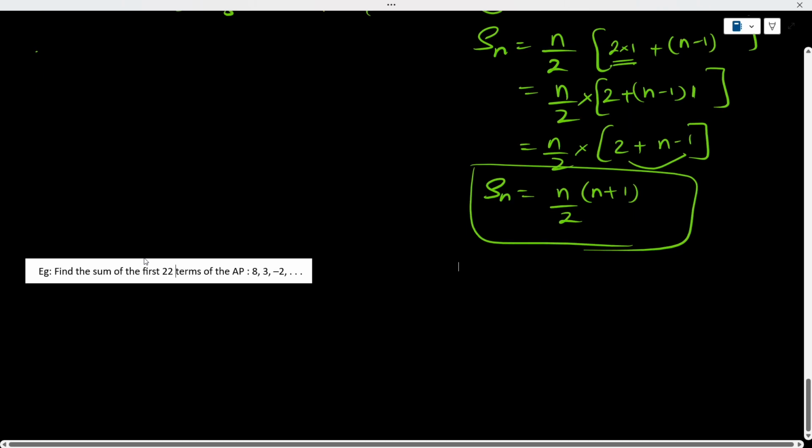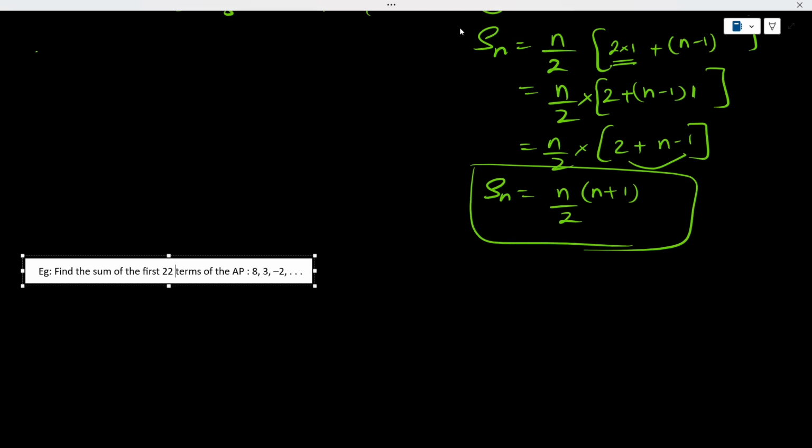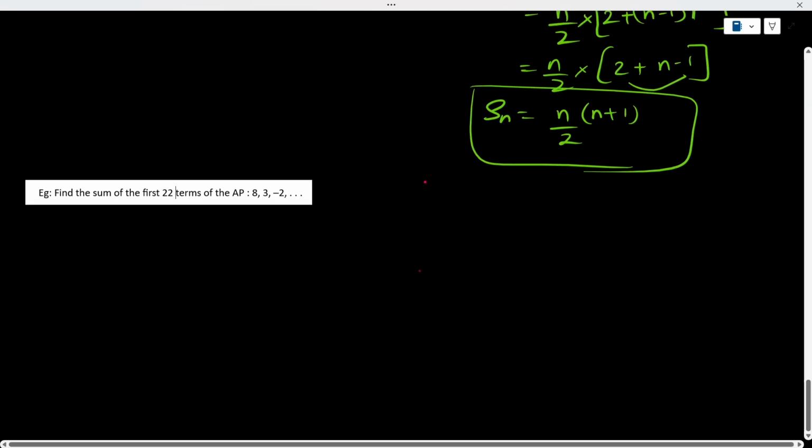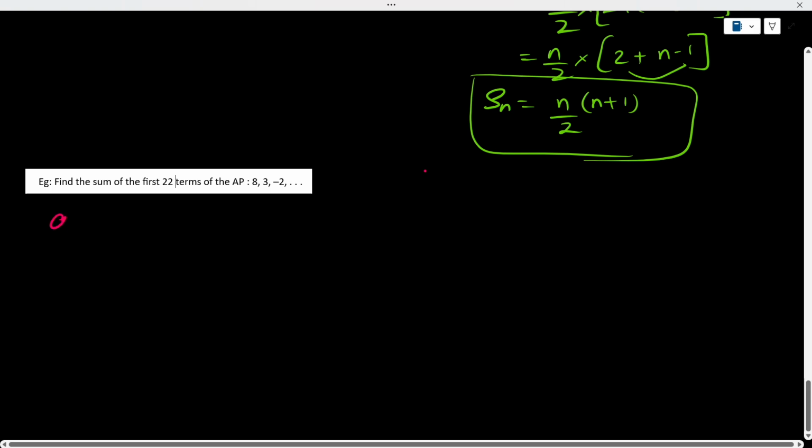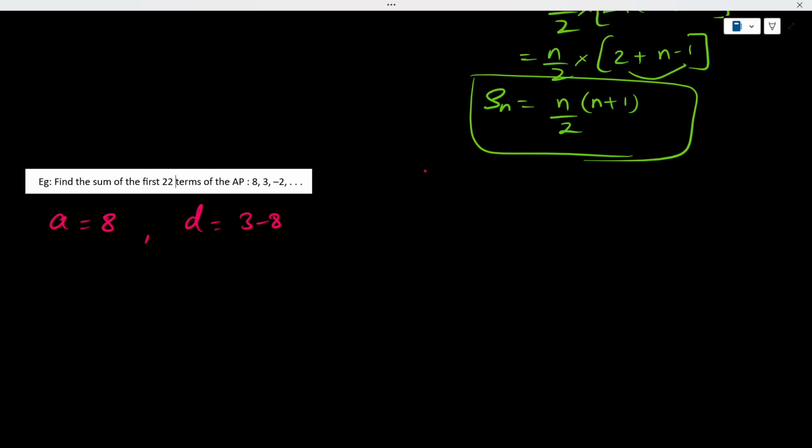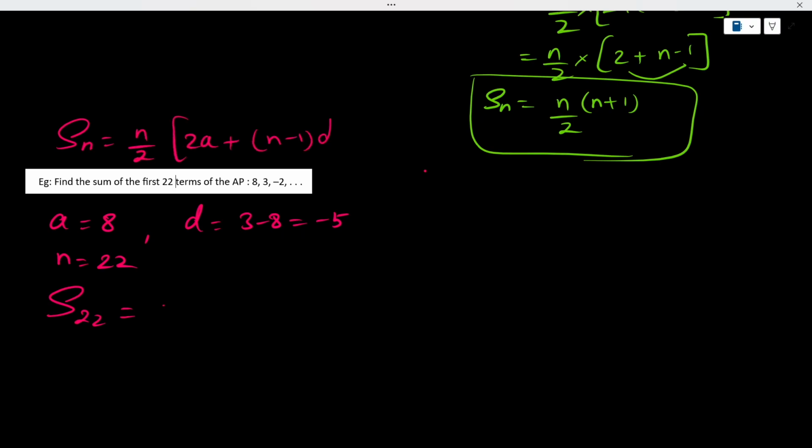Now, where else do you use this formula to find the sum of any number of terms? AP is given, so first you will always mention what A is, which is 8. d is 3 minus 8, which is minus 5, or you can do minus 2 minus 3, that is also minus 5. What is your n value? 22. Now S22 will be 22 by 2, because my formula is n by 2 times (2a plus (n minus 1)d), right?